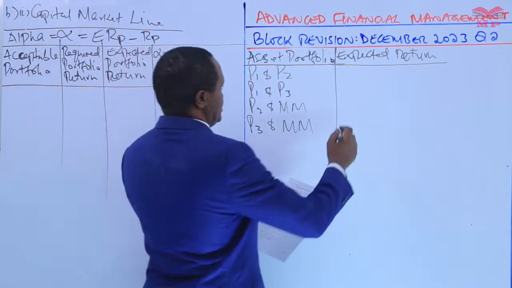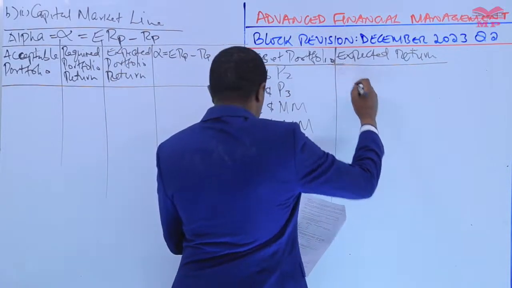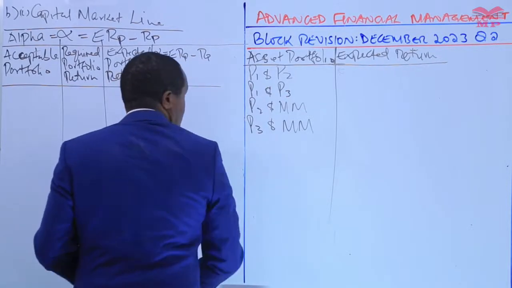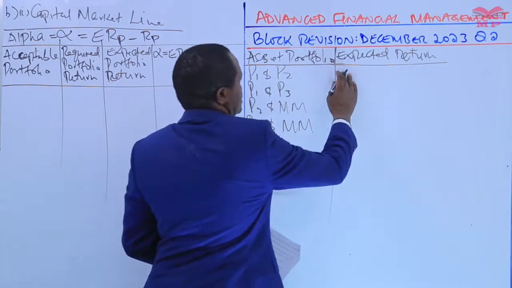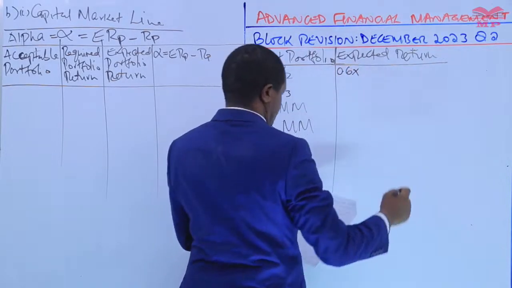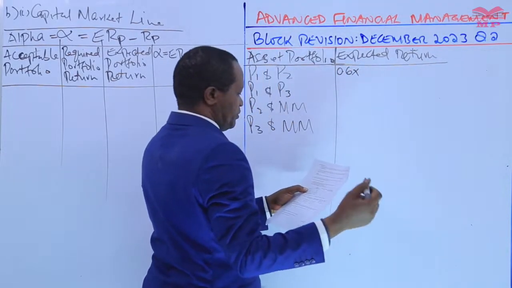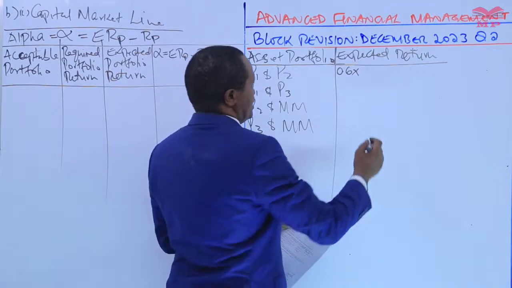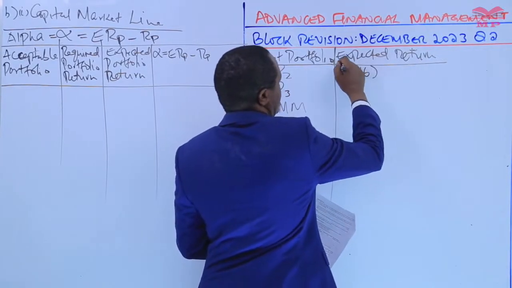So the weight here is 0.6, times the project P1 forecast rate of return of 16%.